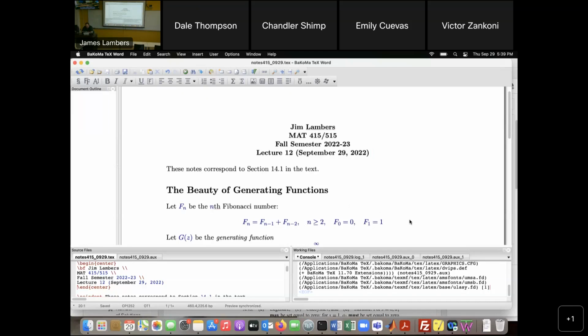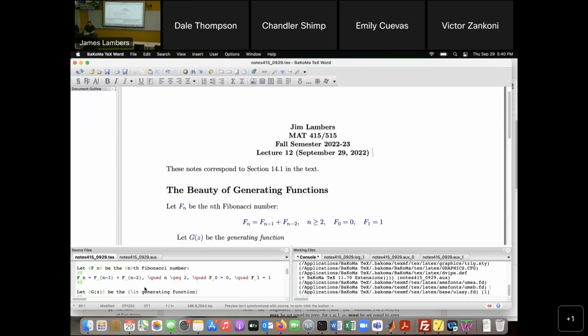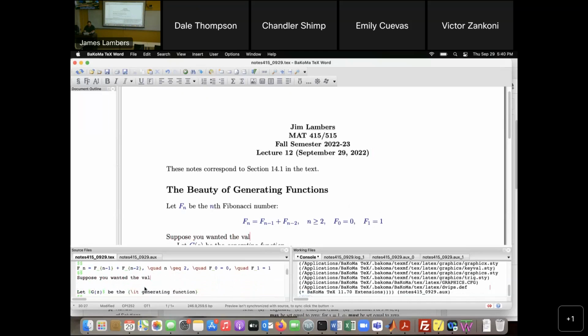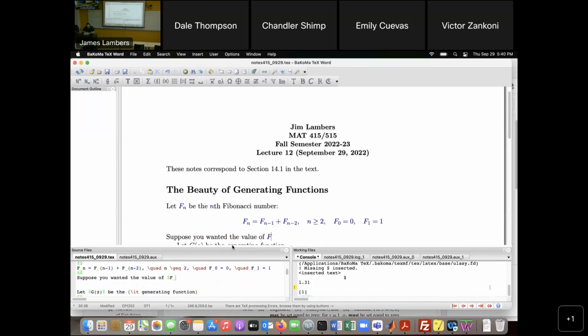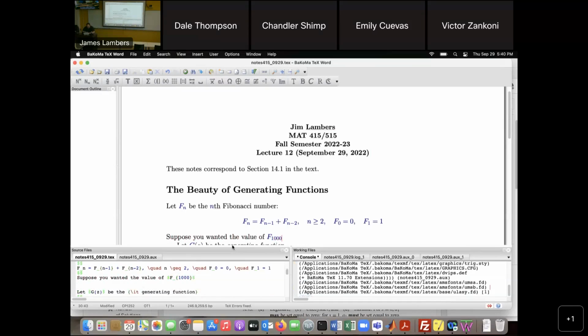The problem I'm going to use a generating function to solve is this. Suppose we wanted to evaluate a certain Fibonacci number with a large index, like for example, f1000.